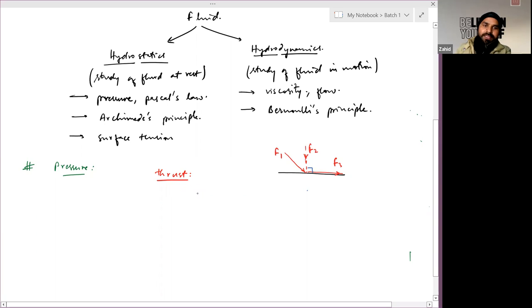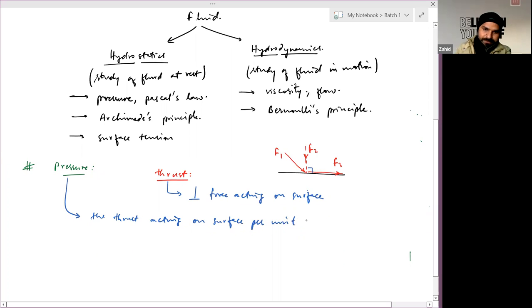So thrust is basically perpendicular force acting over that particular surface. Perpendicular force acting on a surface is called thrust. On the basis of this thrust, we may define pressure as the thrust acting on a surface per unit area of impact.